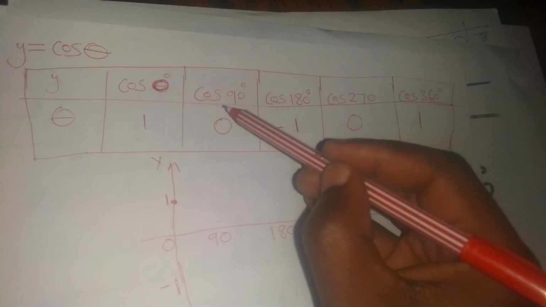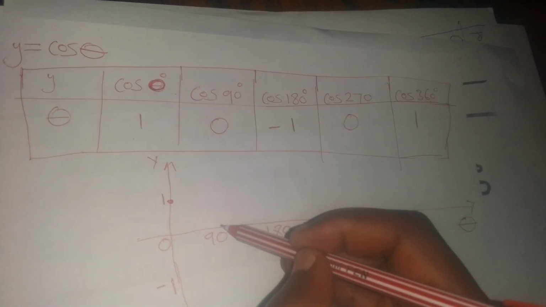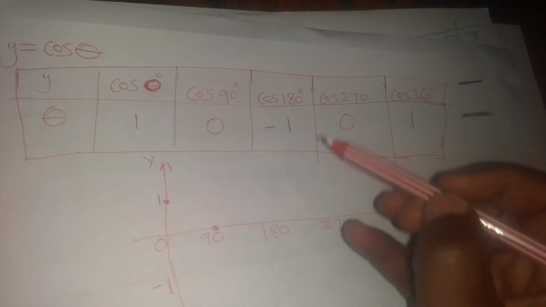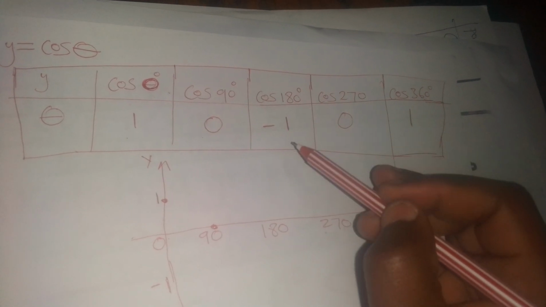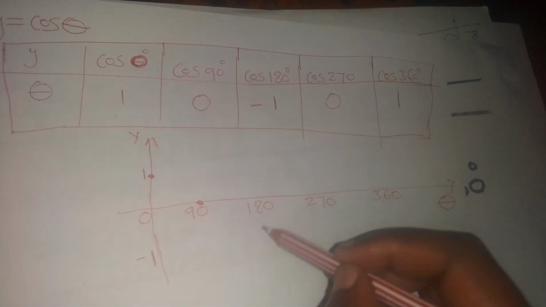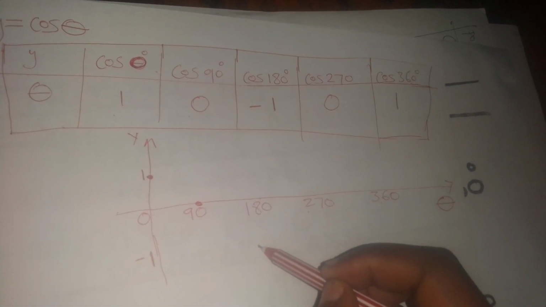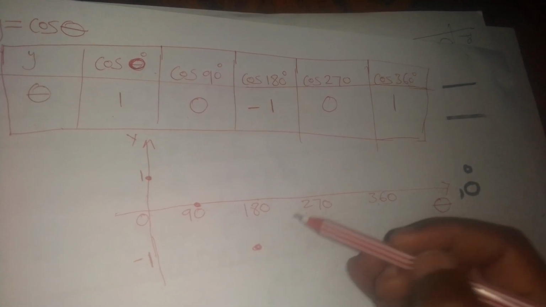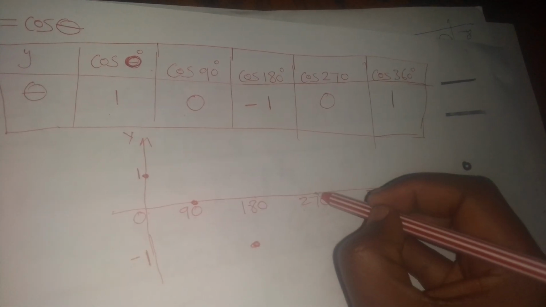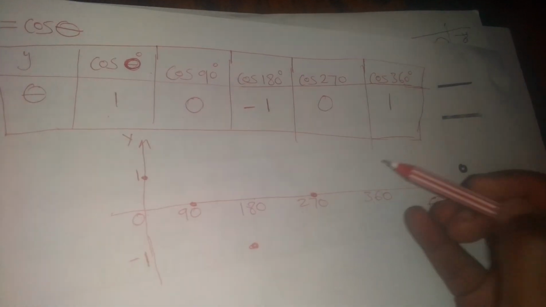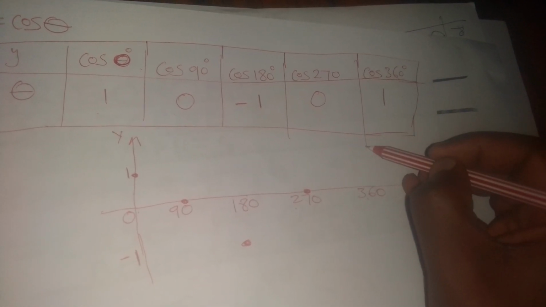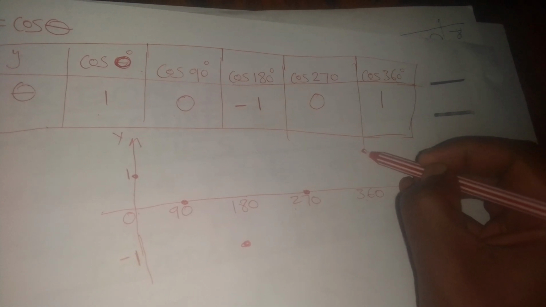The next point is cos 90, comma 0, which is just here. Then cos 180 and -1. So 180 is here, then -1 is down here. Then cos 270, comma 0, is just here. Cos 360, comma 1, so 1 is somewhere at this point.